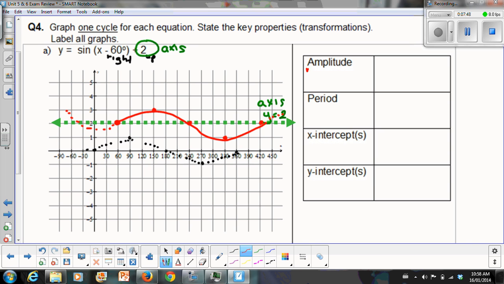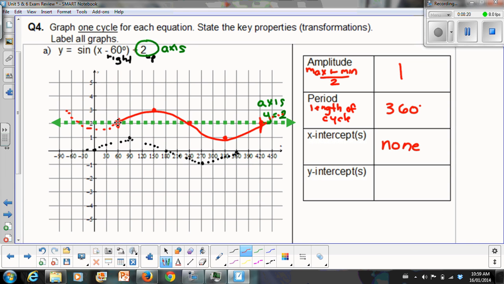To review amplitude, it is max minus min divided by 2. In this case, it's 1. The period is the length of a cycle. In this case, the length of the cycle is still 360 degrees. We just moved it, so it starts at 60 and ends at 420, which is still a 360 degree cycle. There are no x-intercepts because we were raised above the axis.